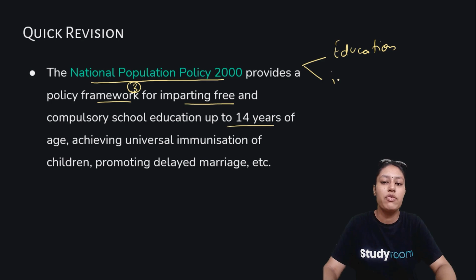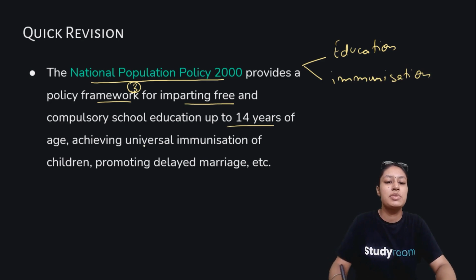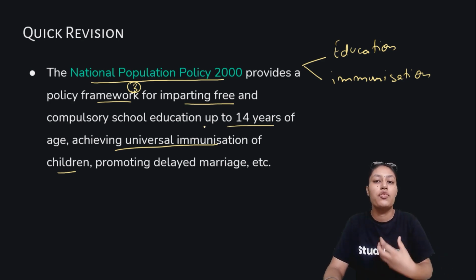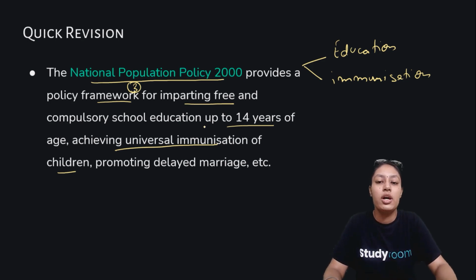Second is a focus on health, which is immunization. Immunization is basically achieving universal immunization of children. Children are very sensitive. For example, today we take vaccines for COVID, but there are various other bacteria which can be very harmful for children because their immunity is weak.